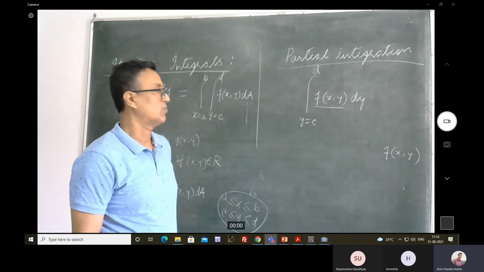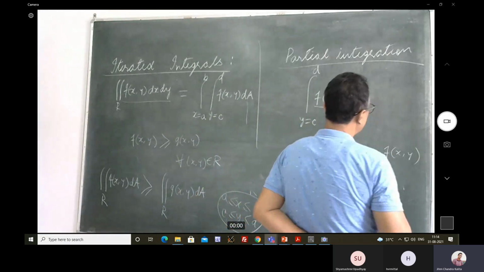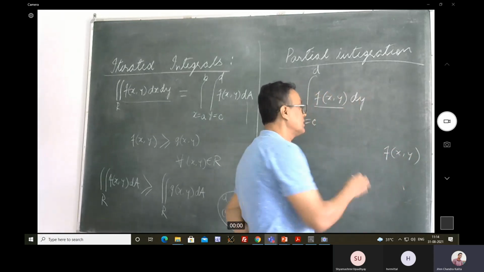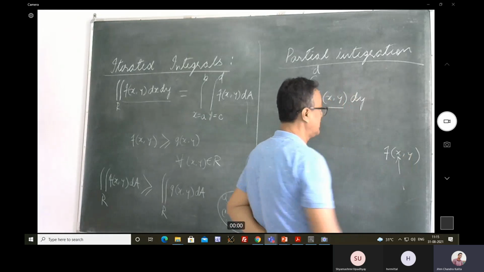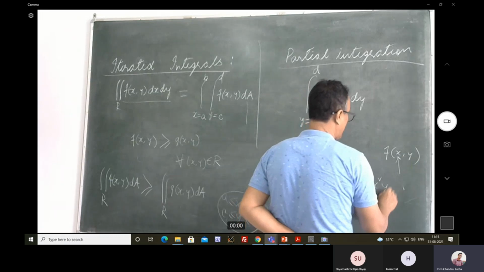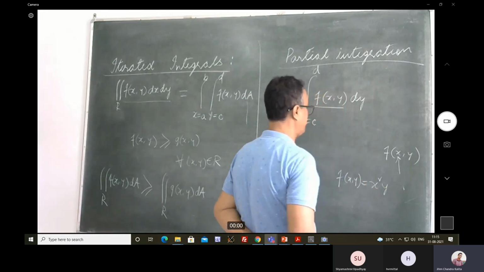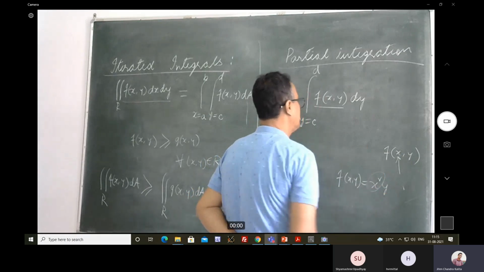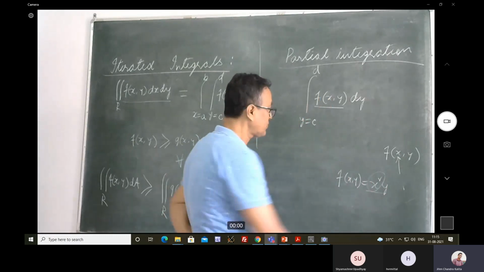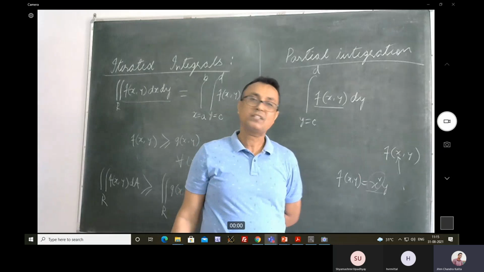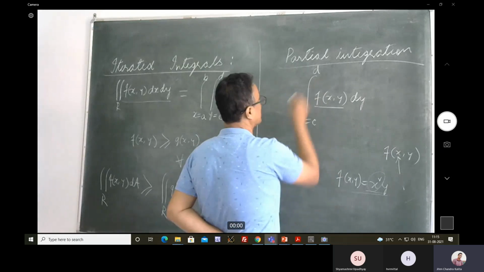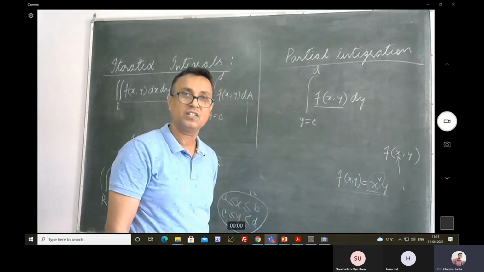But if we fix x, say suppose I have f(x,y) equal to x squared y, and I assume that x is constant and integrate this function with respect to y, then whatever value I get is going to be a function of x eventually, isn't it?